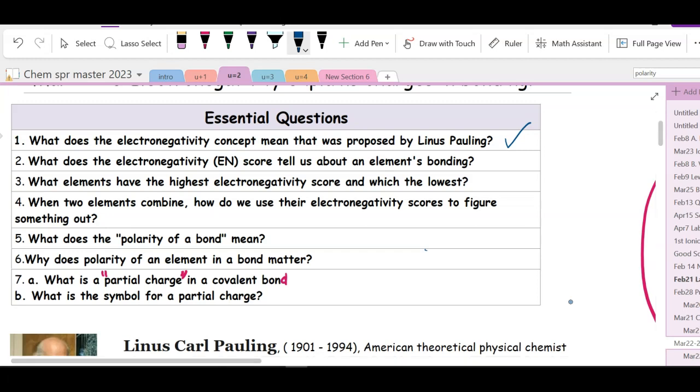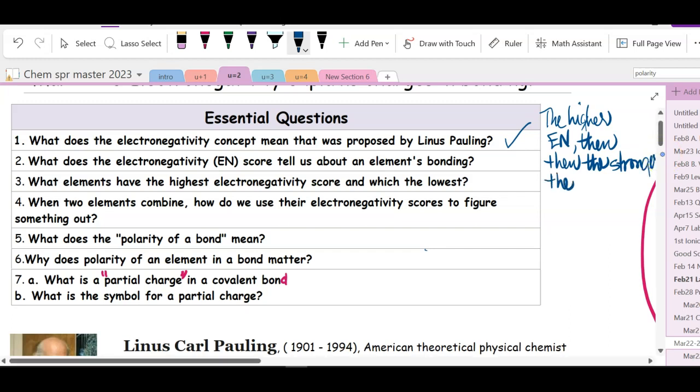So the higher the electronegativity, the higher the EN, the stronger is the attraction for the pair of electrons. So that's what we were figuring out yesterday.